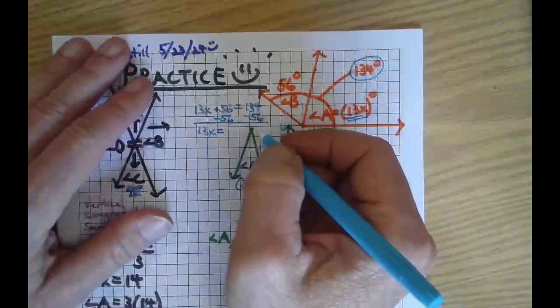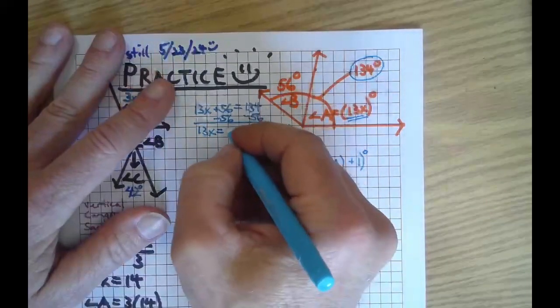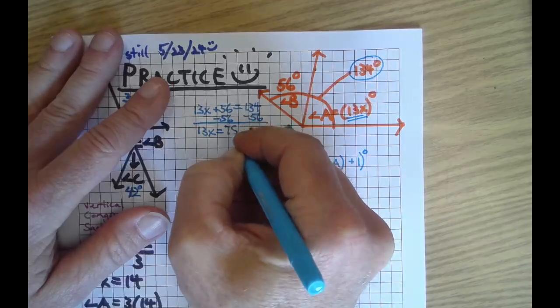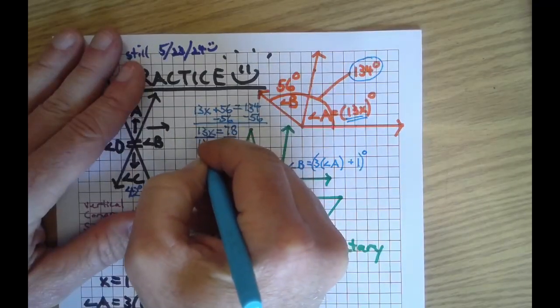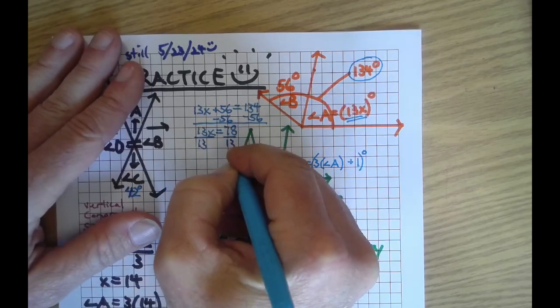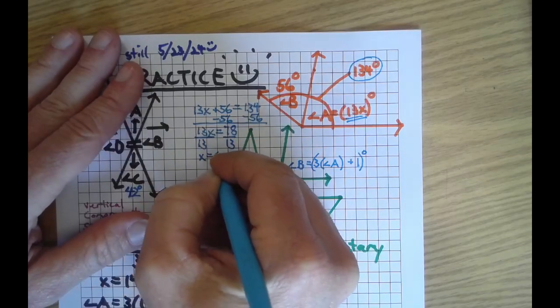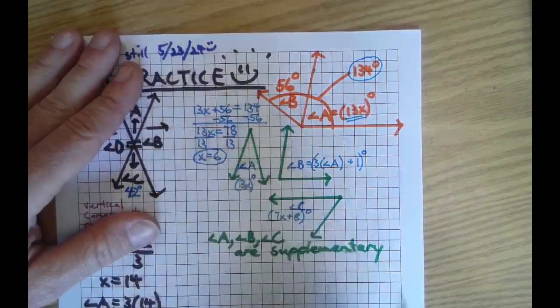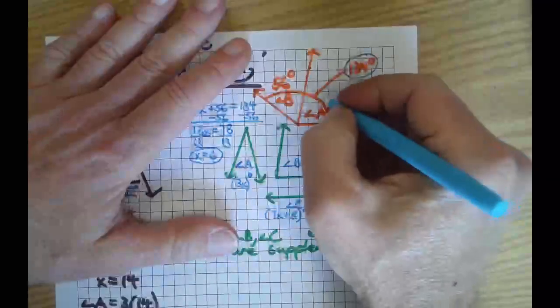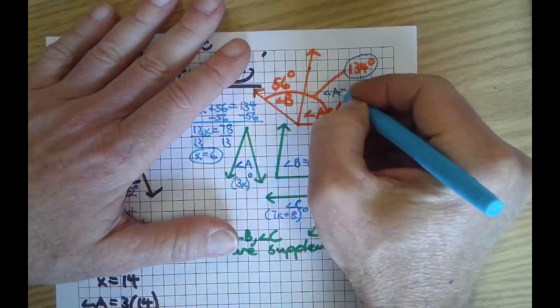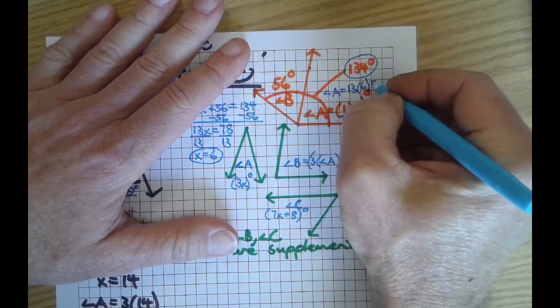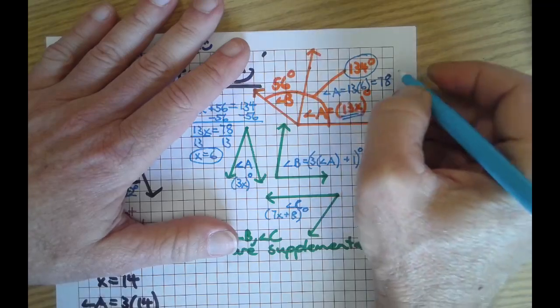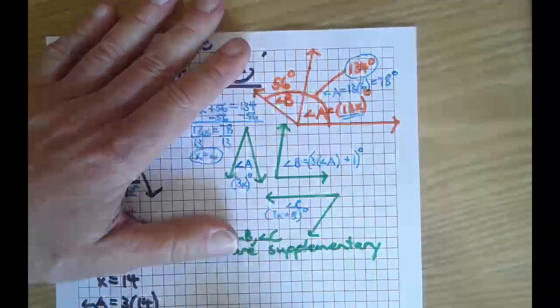134 minus 56 is 78. Hopefully you did a calculator and are checking my work. According to my calculations, x equals 6, which means angle A equals 13 times 6, which is 78 degrees.